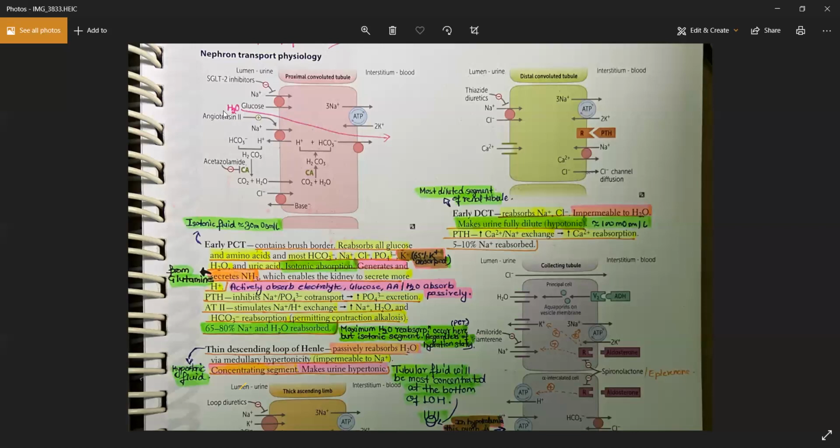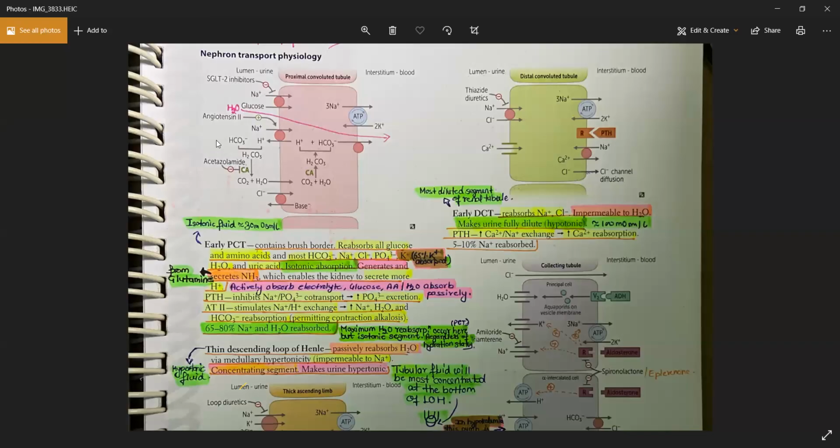When it leaves the PCT, the concentration might get changed, but at the time when it enters the PCT, the concentration will be the same as that of your plasma.